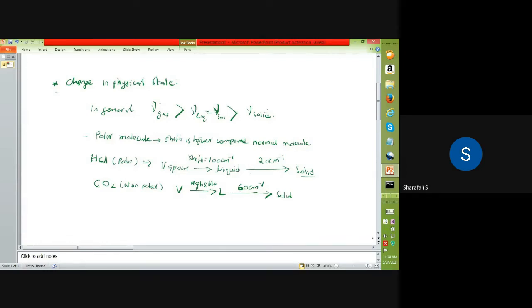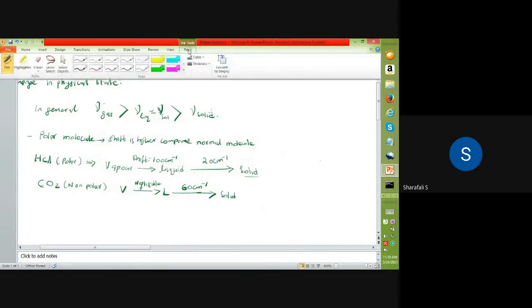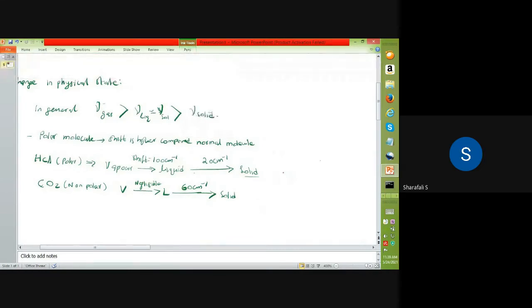So what that actually means is that if you are having your spectra, for example, in this HCl case, you are having your spectra at this position initially, corresponding to this HCl bond.